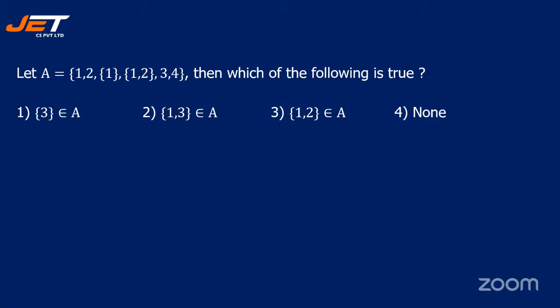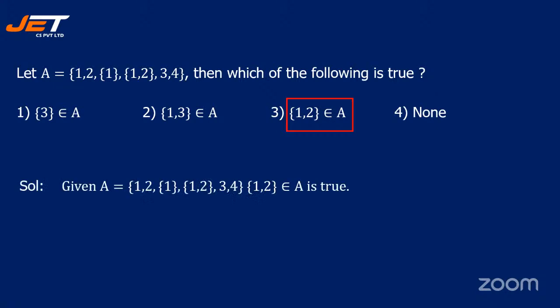The first option is 3 is an element of A, {1, 3} is an element of A, {1, 2} is an element of A, or none? It is very obvious that {1, 2} is an element of A, because given A, then {1, 2}.